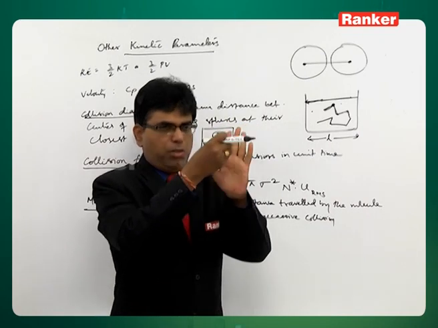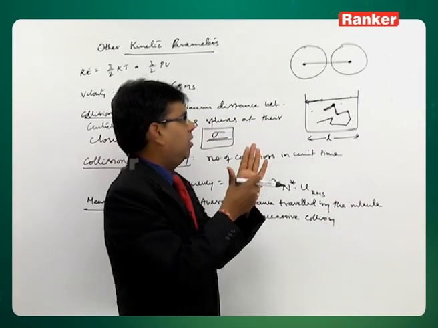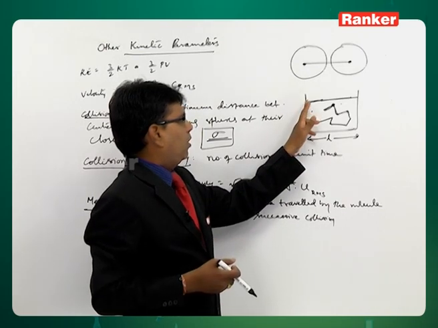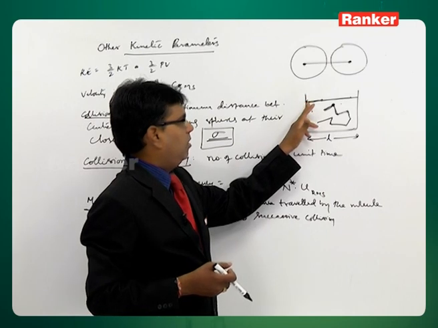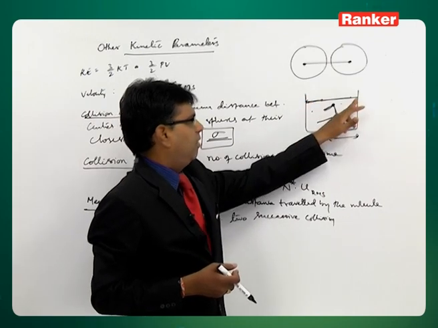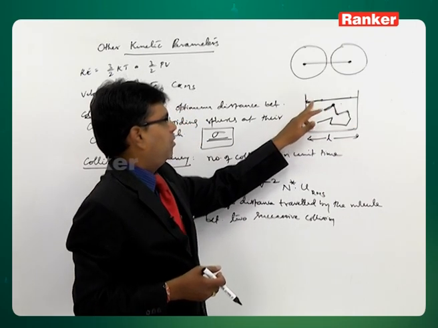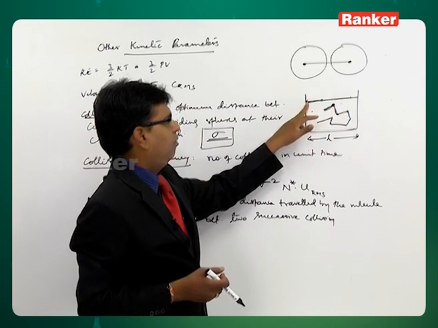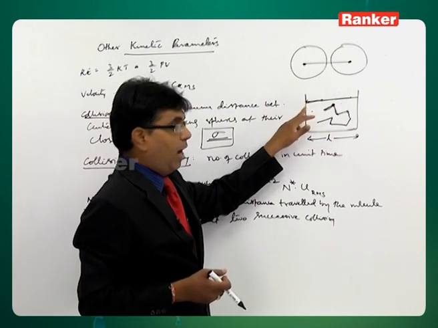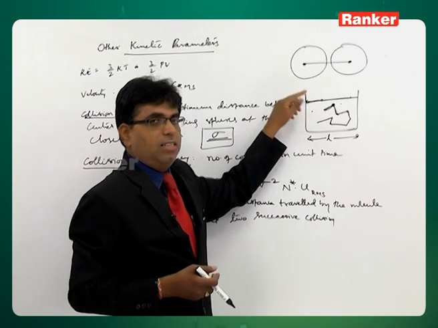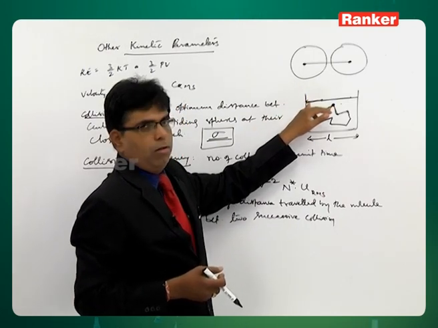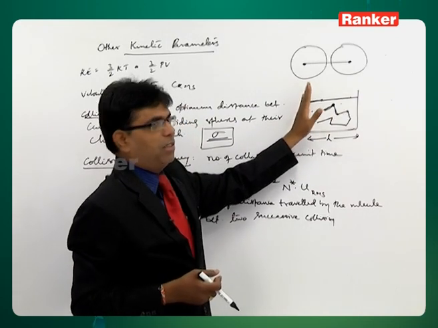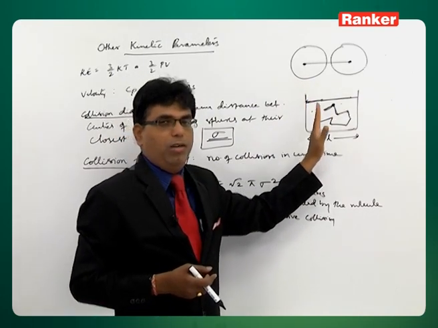In the kinetic gas equation we consider this particular case. Suppose the molecule has a collision on this wall, then goes back and comes again towards the same wall to have one more collision on the same wall. So that particular molecule travels a distance of 2L centimeters in order to have a collision on the same wall.